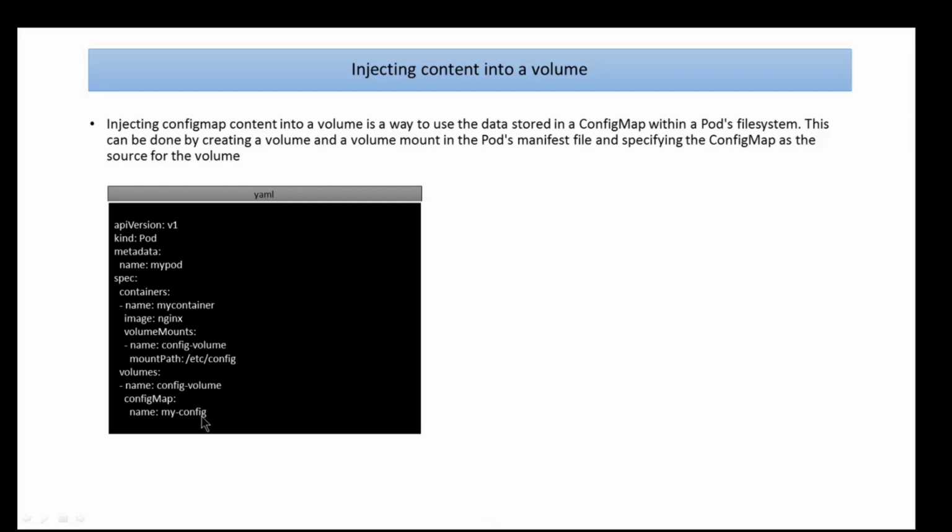Let's say now myconfig has two keys, host and domain. So you will be seeing two files under etc config called host and domain. If you open those two files, you will see the data, which is the values of the keys: for the host key, test, and the value of the domain is .com.